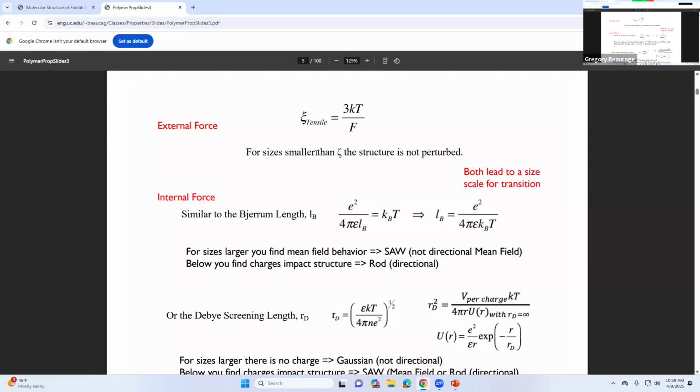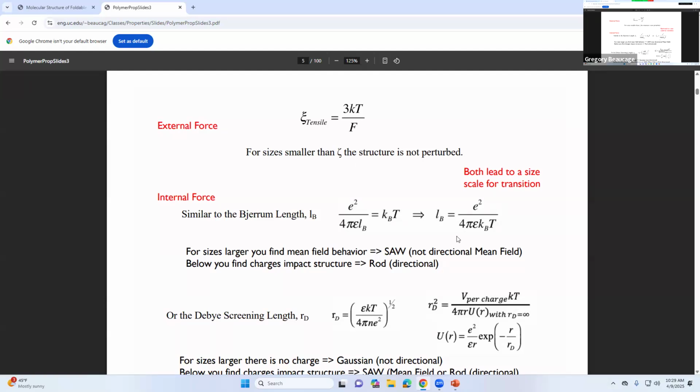They all have partners that are the other way around. It's kind of an odd thing, it seems like, but basically all of them have an opposite partner like that. So here you could say the Bjerrum length, the Debye screening length makes a chain linear at small scales and then random at large scales. And an external force, a tensile blob, makes it linear at large scales and random at small scales.